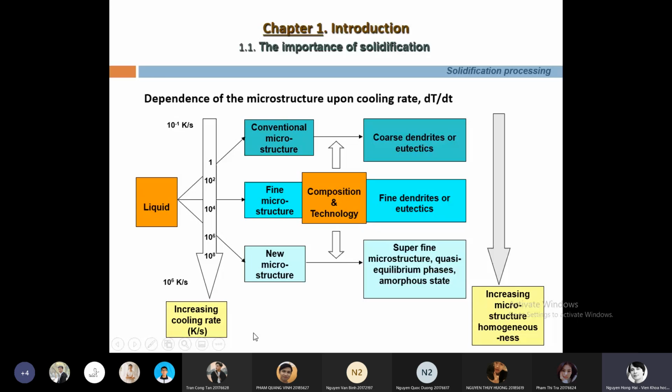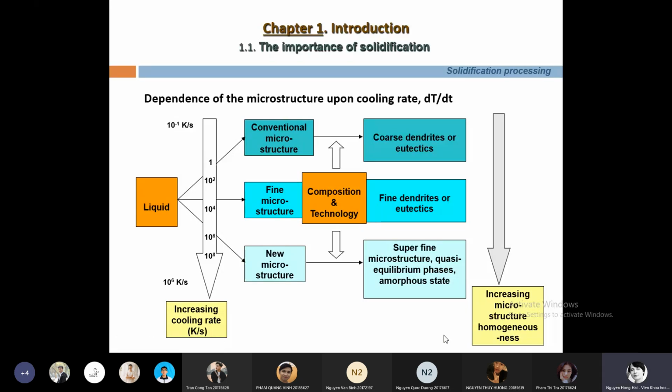And you can see that the homogeneity of the microstructure will increase if the cooling rate increases. At high cooling rate, we can have the more homogeneous structure.